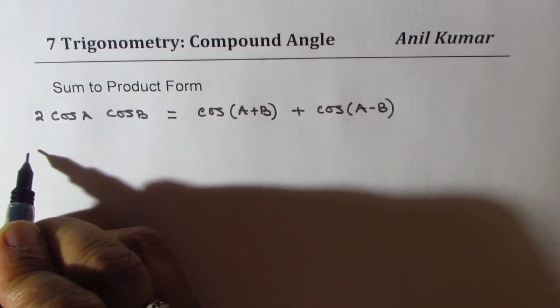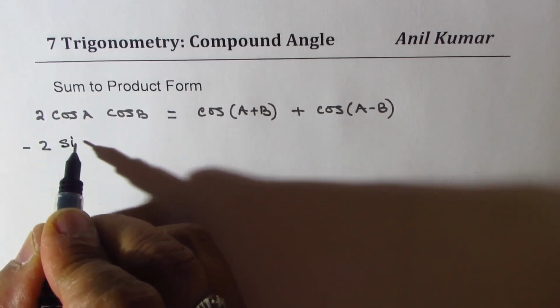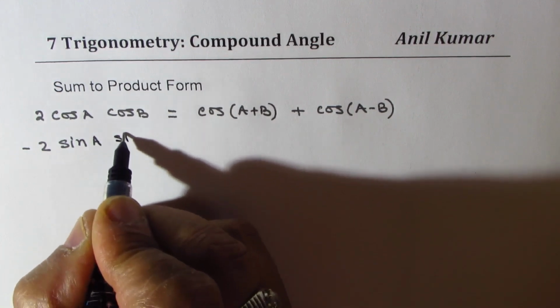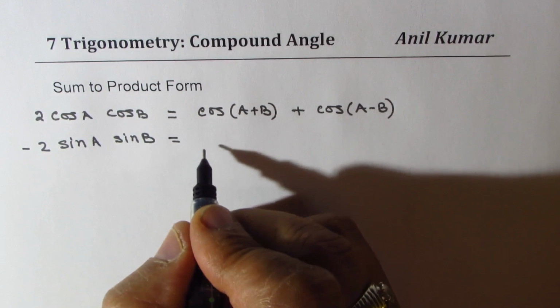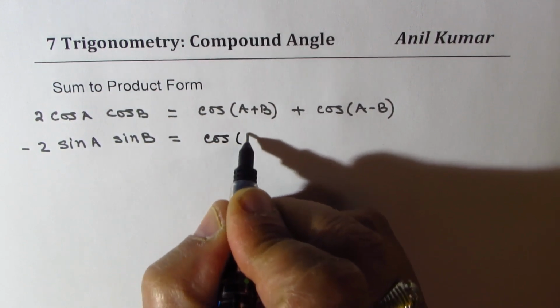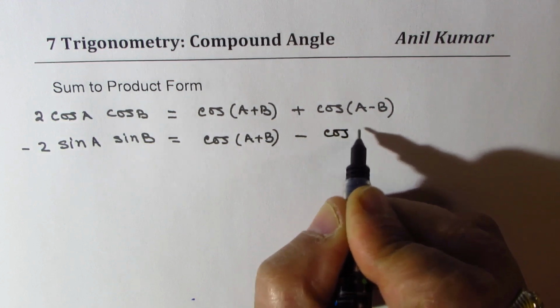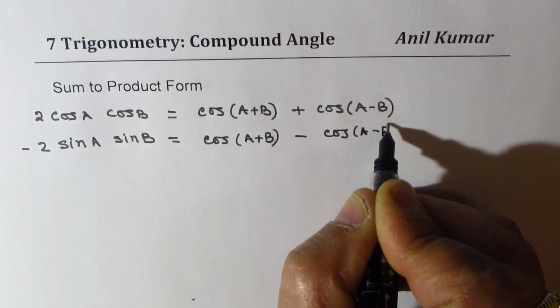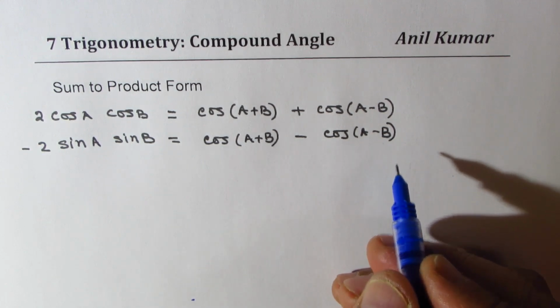And the other one which we derived was minus 2 sin A sin B, which was their difference, cos(A+B) minus cos(A-B), correct? Now we'll do the same substitution.